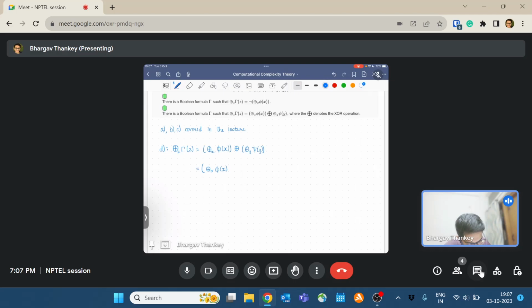So A is true and B is false, or A is false and B is true. Okay, so this is just the simplification of XOR.